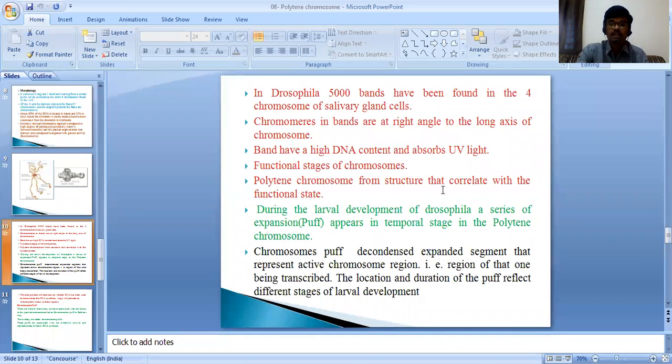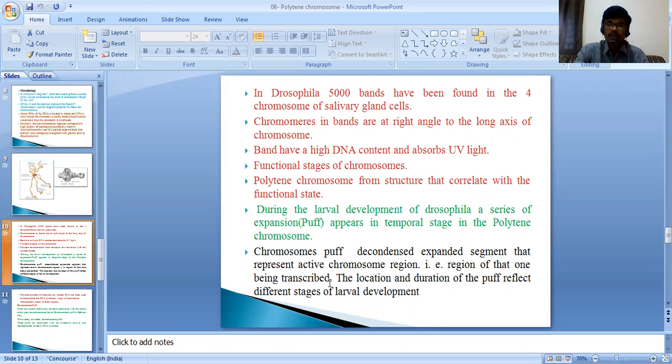Functional stages of chromosomes. Polytene chromosome forms structures that correlate with the functional state. During the larval development of Drosophila, a series of expansions that are called puffs happen at a particular stage in the polytene chromosome. Chromosome puffs are decondensed, expanded segments that represent active chromosome, that is, regions being transcribed.